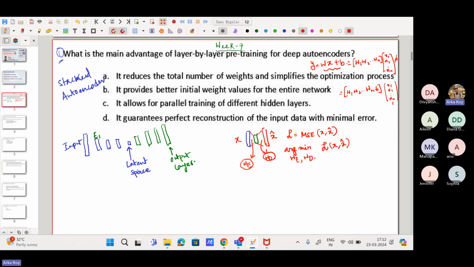Now, if you train this particular layer, after that you have to train the second layer, that is E2. When you train E2, you have an input layer, followed by E1, which you have already pre-trained, then you have E2 over here, and then subsequently you'll have the decoder layers, and this is the output again.